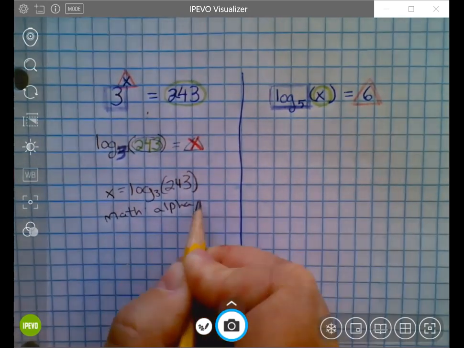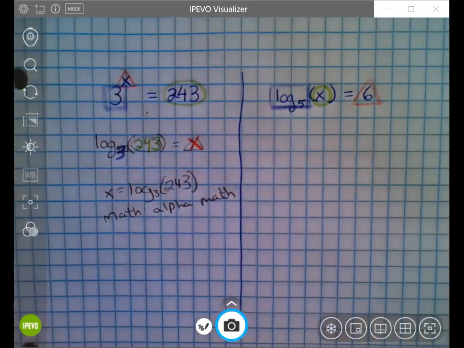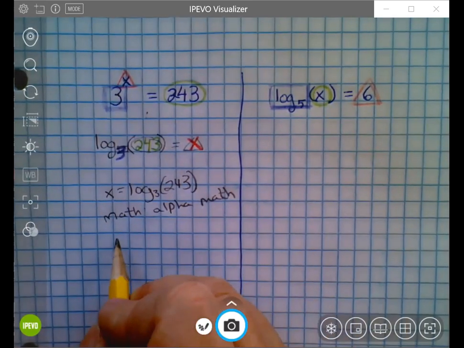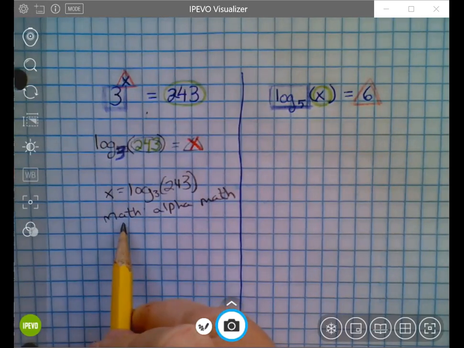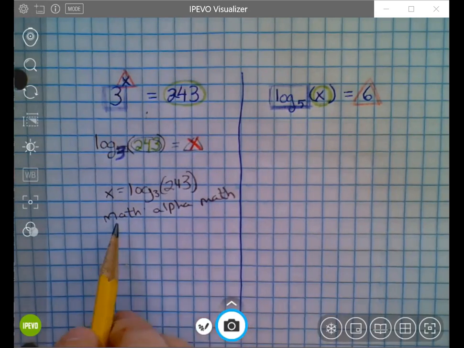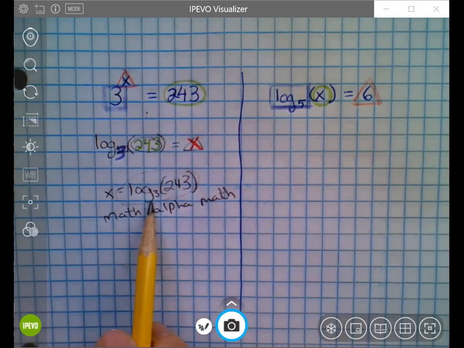But I realize that a lot of you don't have a graphing calculator. So again, you can use the free apps that are linked on Schoology. I'll move those over into week 6 as well. So you do have some apps for both iPhone and Android, and there are some websites available so that you can go ahead and figure out what log base 3 of 243 is.